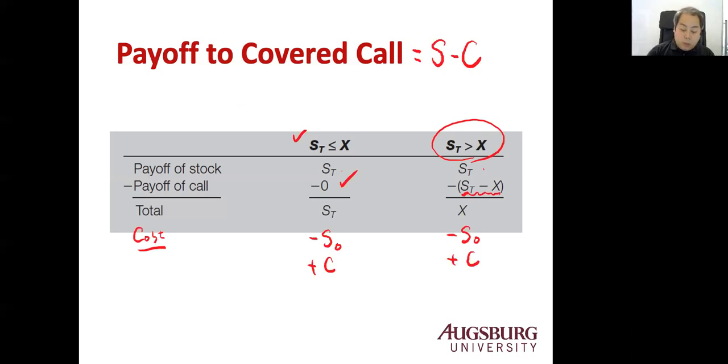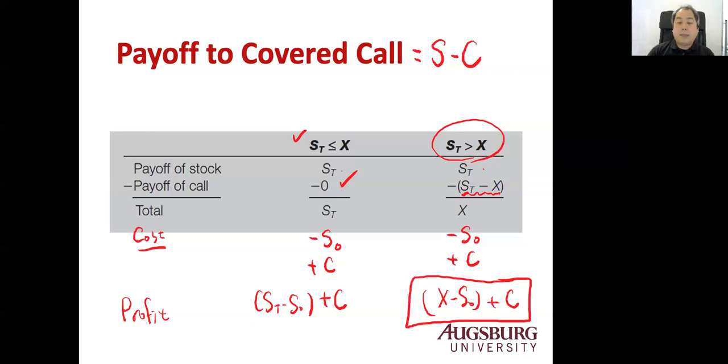So the total profit will be ST minus S0, which is the capital gain, plus the call premium. In this case, X minus S0 plus the call premium. So it means that you actually have a maximum gain. There's a cover. That's why we call it a covered call.